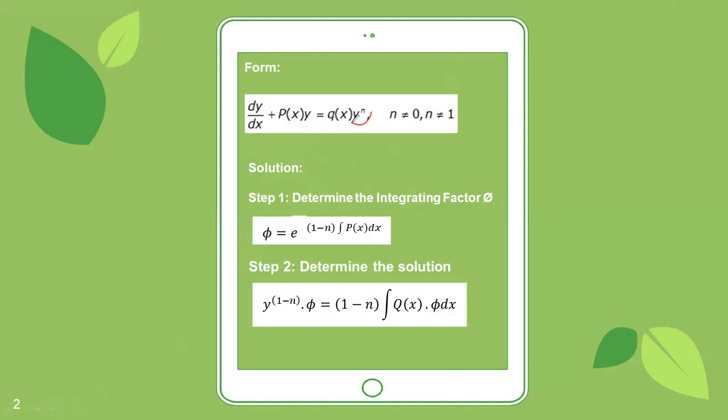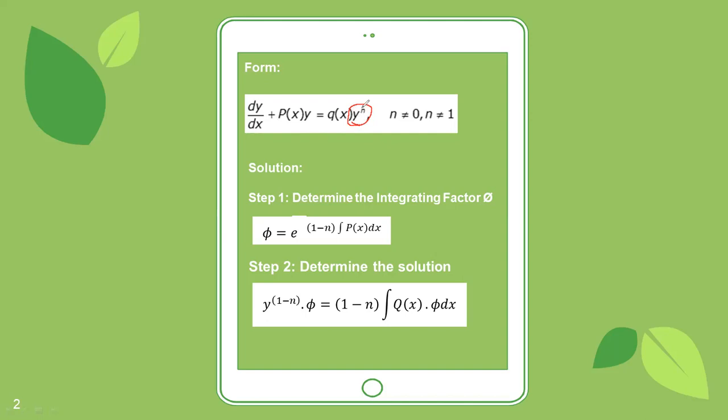You could see the y raised to n. Your n here should not be equal to 0 or 1. If n is equal to 0, that's equivalent to 1, and this is not anymore a Bernoulli equation. It's now what we call a linear first order DE.